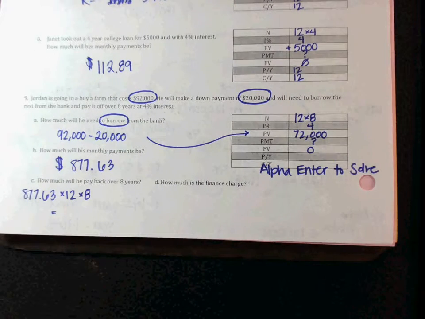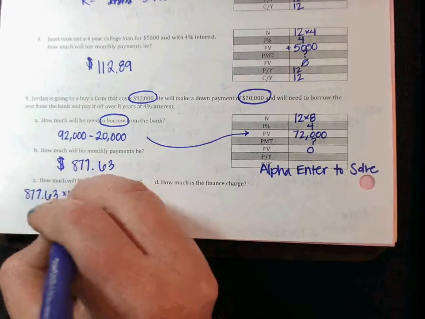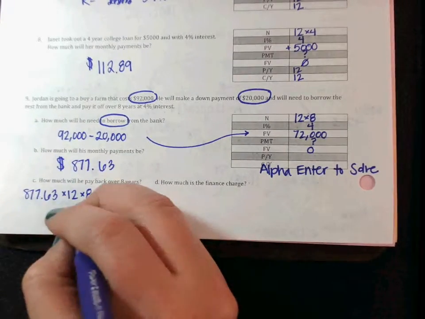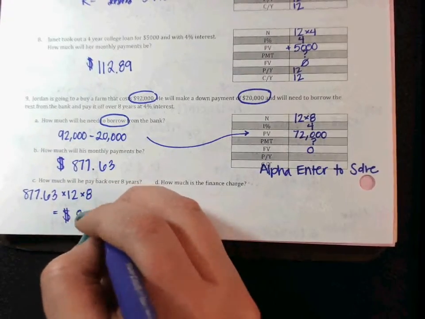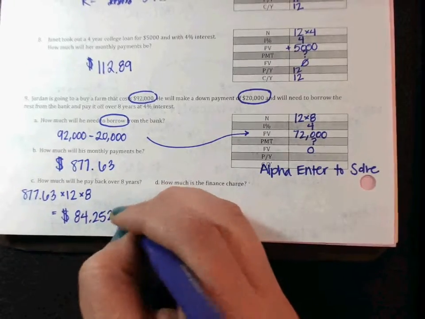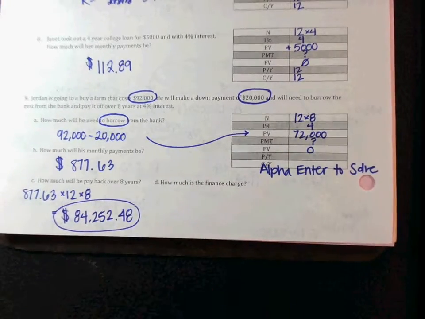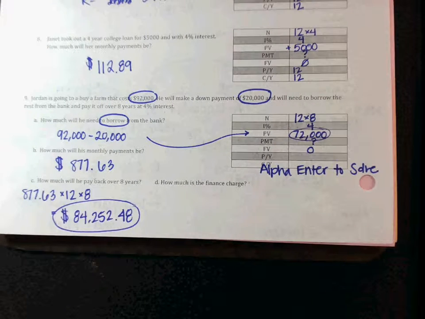And then remember, the finance charge is you minus off what they actually borrowed. Okay? So 877.63 times 12 times 8. How much is he going to pay back? 84,252.48. But then remember, he only borrowed how much? 72. So I minus those two numbers. That tells me how much he actually overpaid.